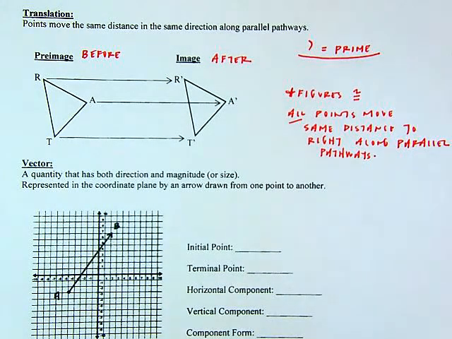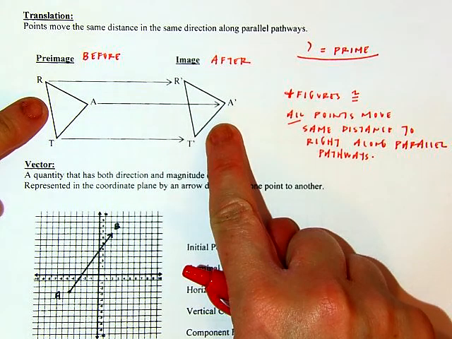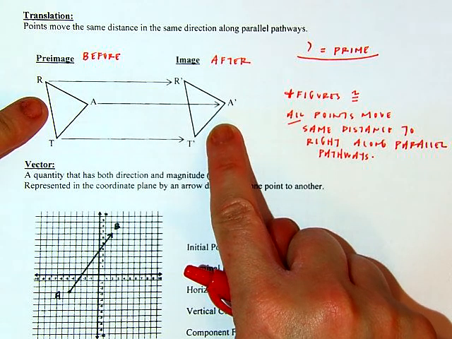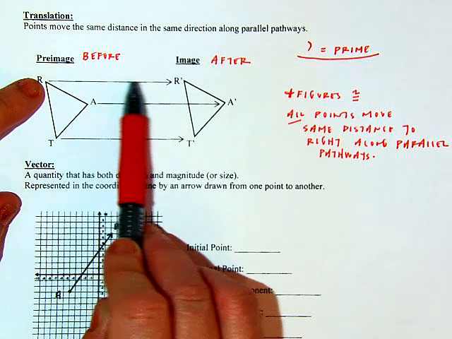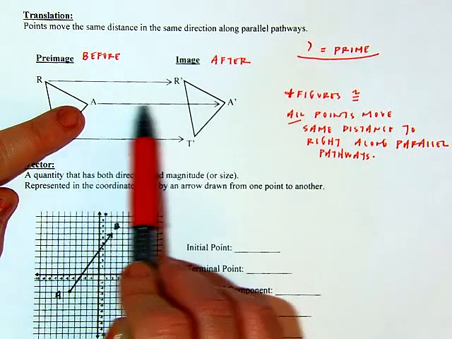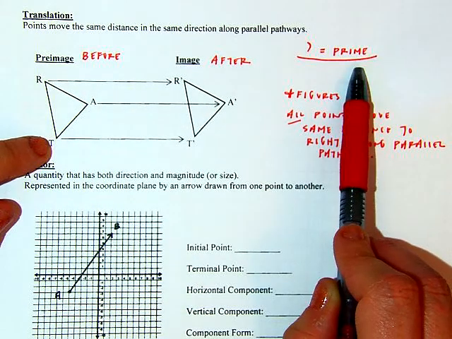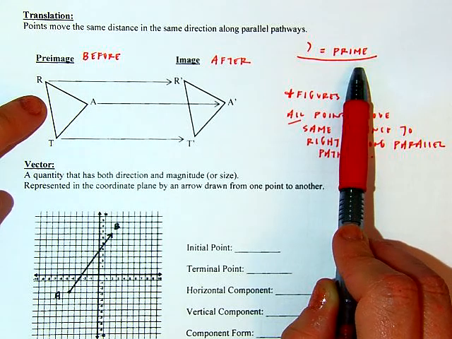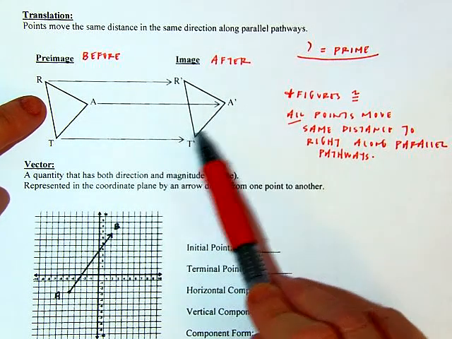All right, so we can see that triangle RAT is still congruent to triangle R prime, A prime, T prime. So the figures are congruent. And point R, for example, is moving so many units to the right, so is A, so is T. That prime notation shows us that this is the before, the pre-image, and that this is the after with the prime notation. That is the image.